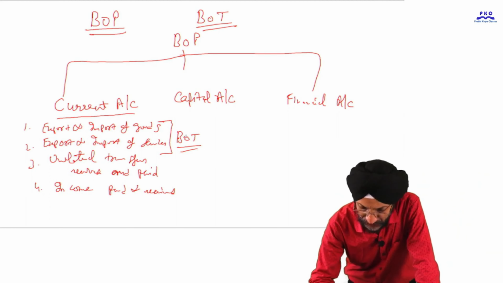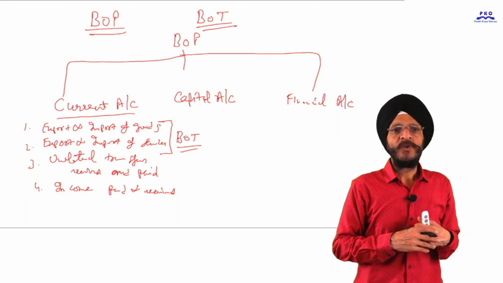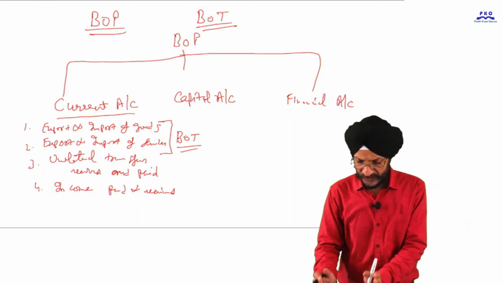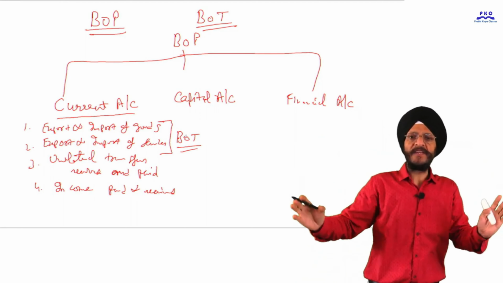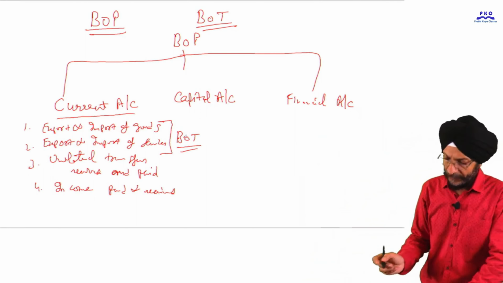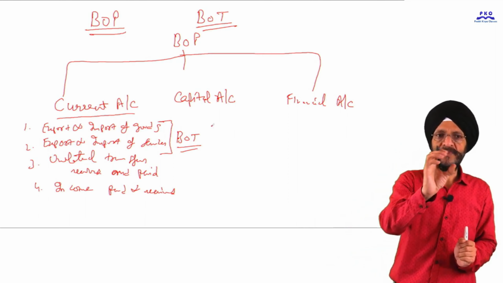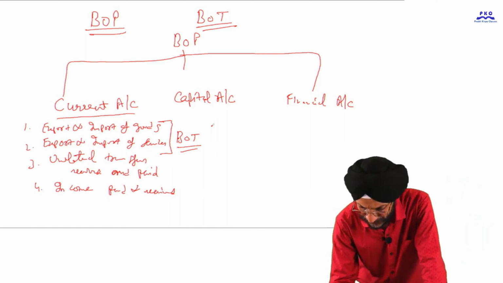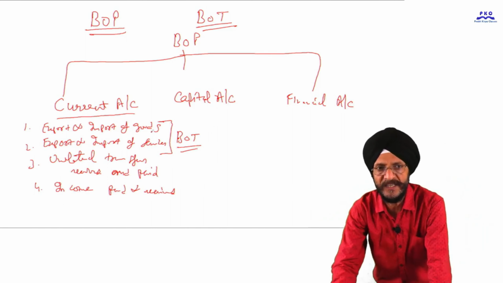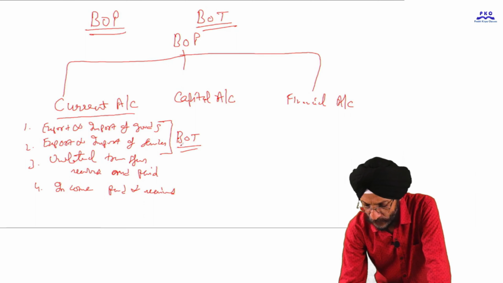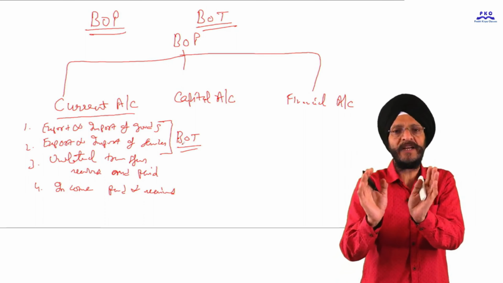So from this overview, you can see that balance of payment is a much bigger concept, and balance of trade is a very narrow concept as compared to BOP, as it is only the difference between export and import.